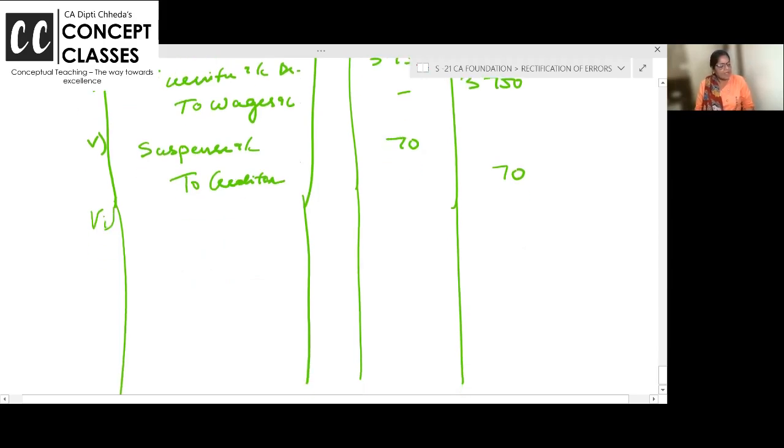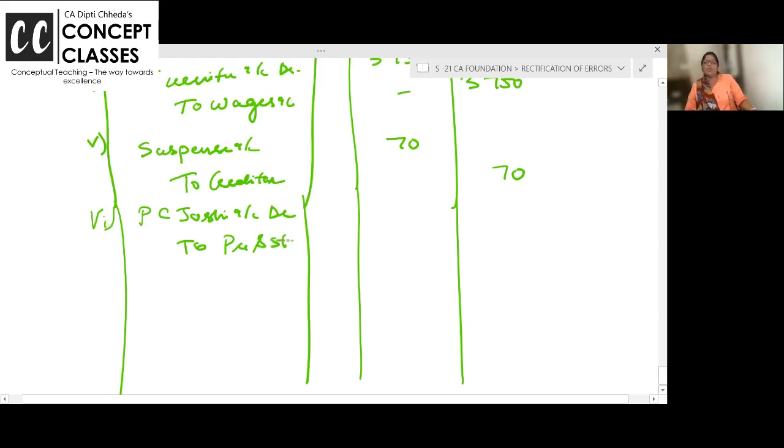Sixth entry. A check of 200 received from PC Joshi was dishonored and debited to printing and stationery. When a check received from PC Joshi is dishonored, you have to pass the entry PC Joshi to bank. When Joshi gave me the check, what entry did I pass? Bank to Joshi. So now Joshi to bank. So PC Joshi account debit to printing and stationery.